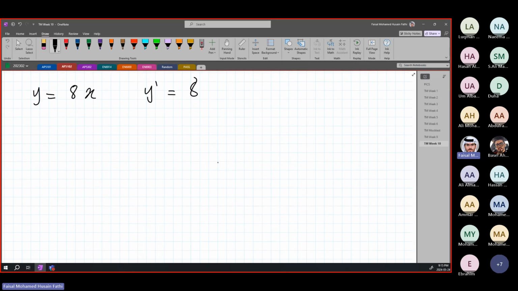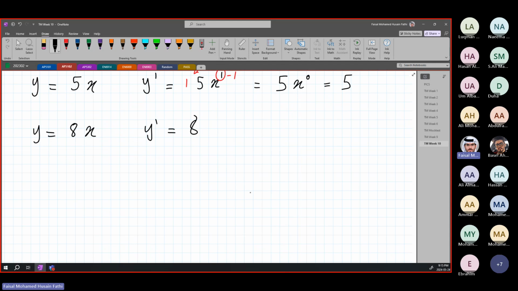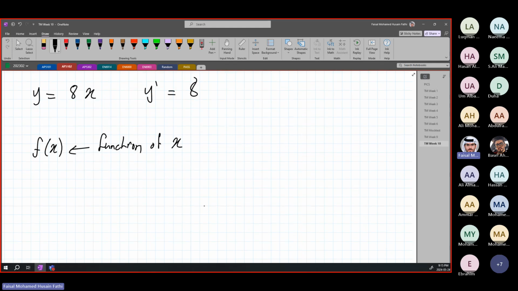Let's look at another example. So I'm usually using y. Sometimes they are going to use f of x. This basically means it's a function of x. All right? And don't let this confuse you. It is the same as saying y is equal to.